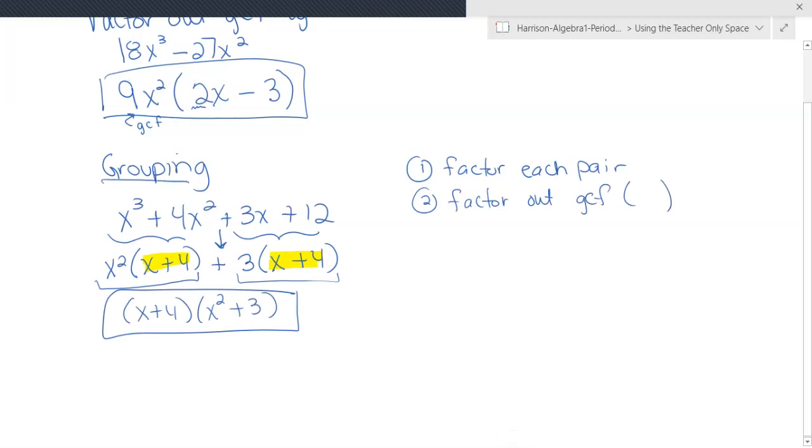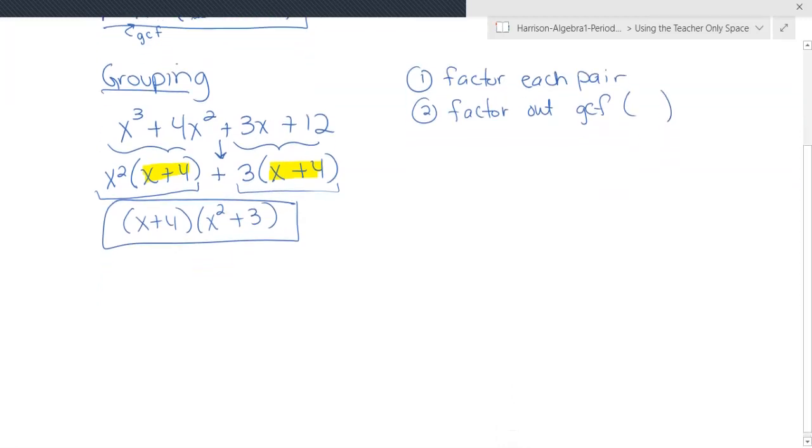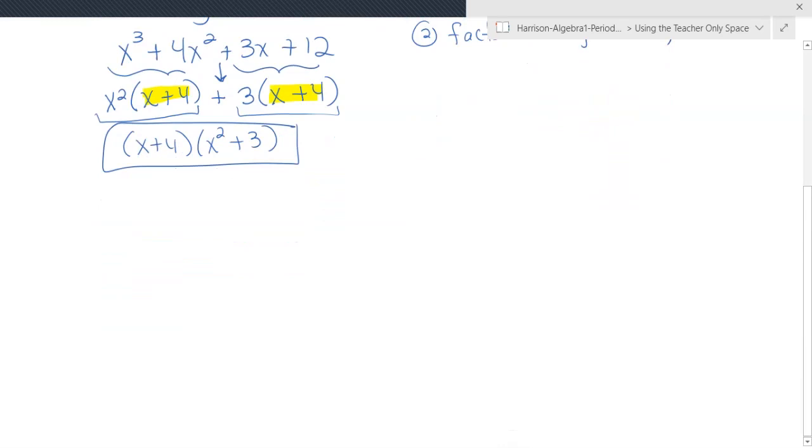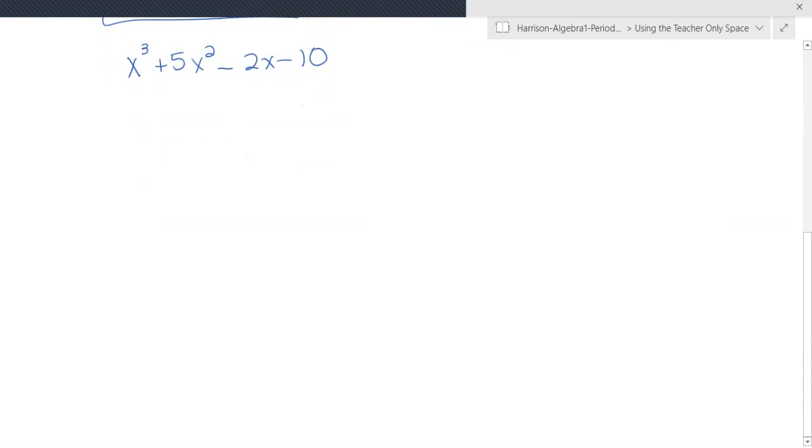Let's do one more example. x cubed plus 5x squared minus 2x minus 10. You might want to pause and try this one on your own. And then when we begin, we separate these into two pairs.